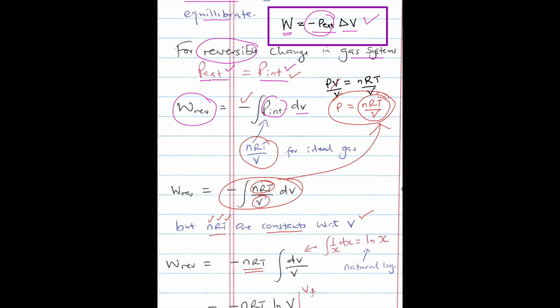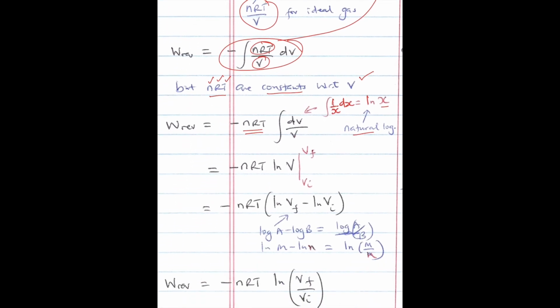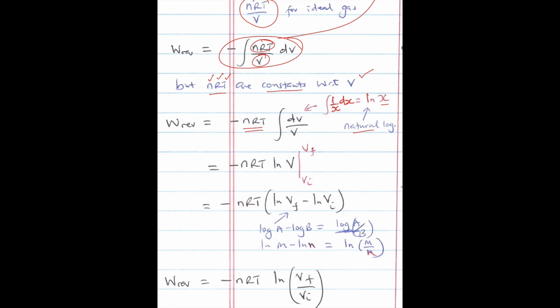Now recall from calculus that if we integrate 1 over x with respect to x, the answer gives you natural log, so natural log of x, ln x. Applying the same principle, the integral of 1 over V with respect to V will give you natural log of V as the answer.